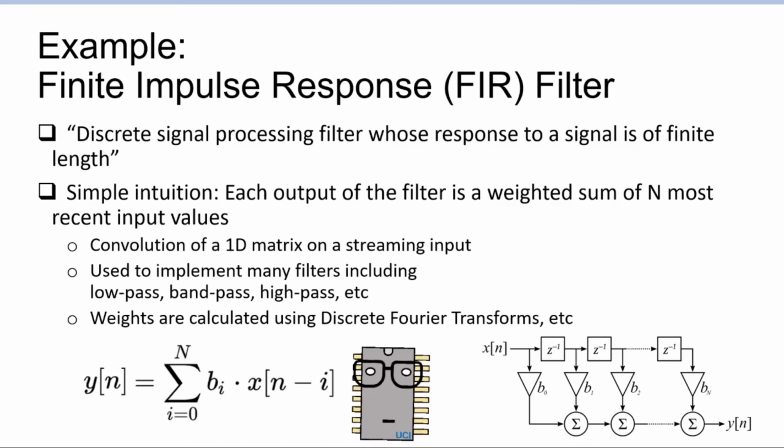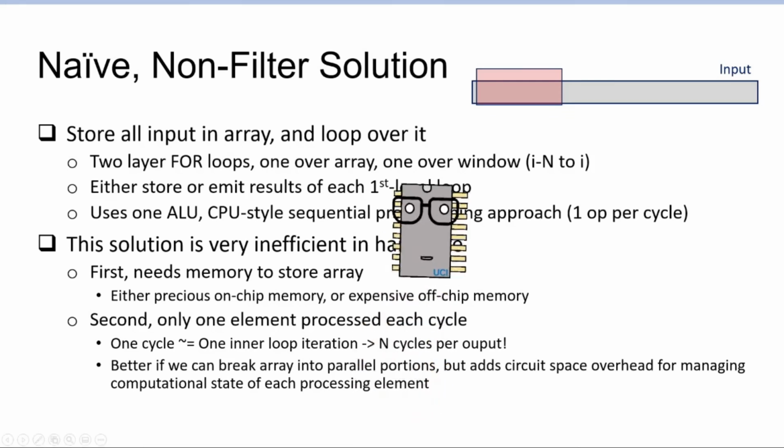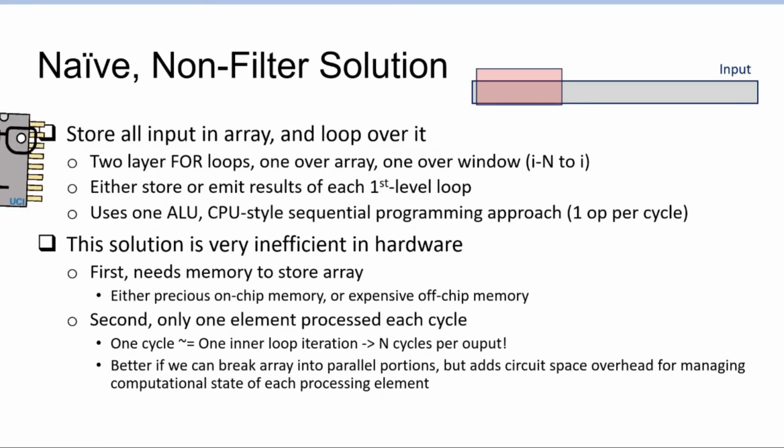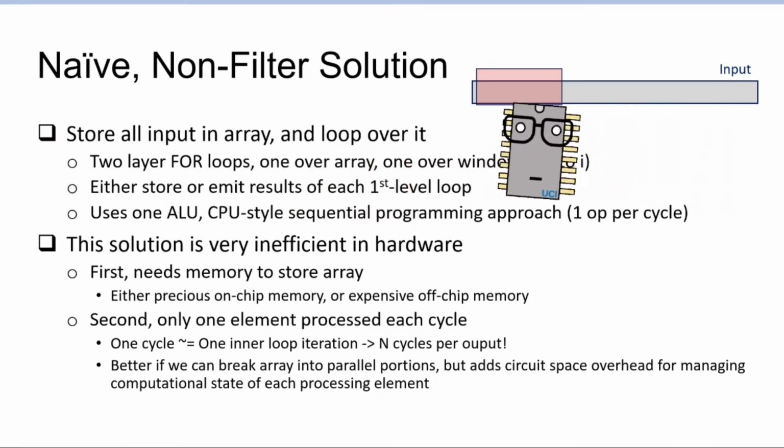If you were to implement this using a naive non-filter solution, it would be to store all inputs, all of X, in an array in memory, and then loop over it. So if you implement this in software style, you would probably have a two-layer for loop. The top level loop i will be looping over this entire input array.